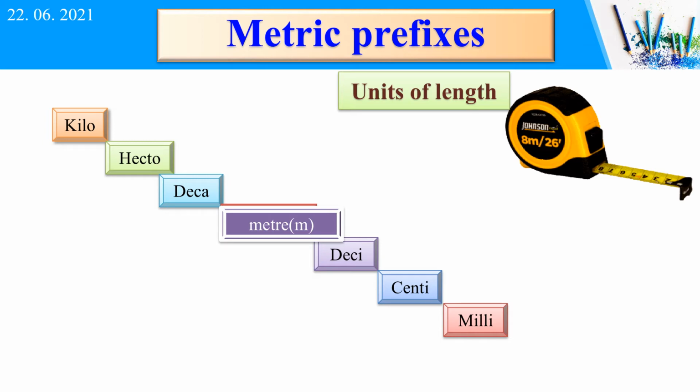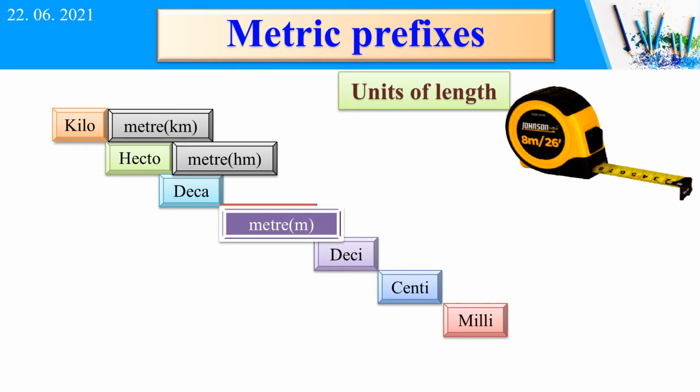Now, first let us suffix meter with kilo. It can be read as kilometer and shortly written as km. Both the letters should be in small letters. Now, if you suffix meter with hecto, we read it as hectometer and it is denoted as hm.